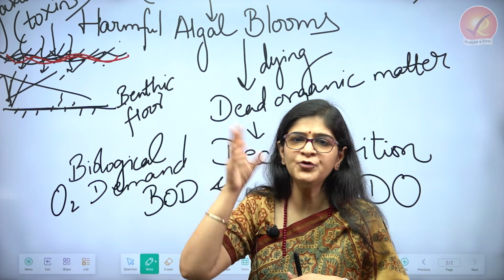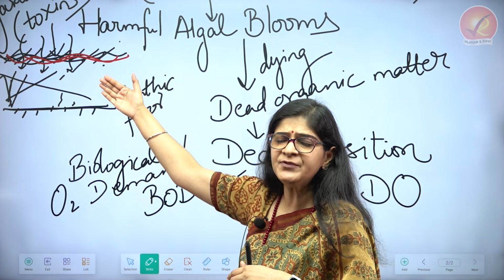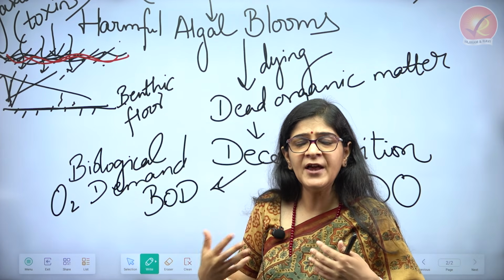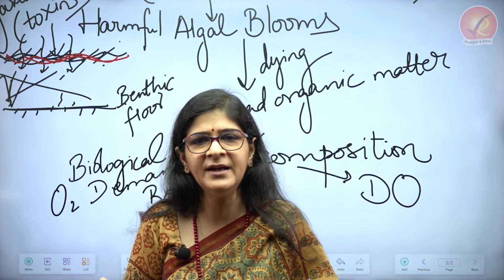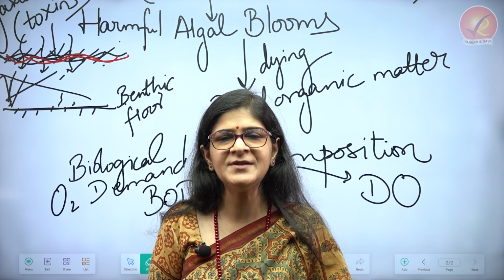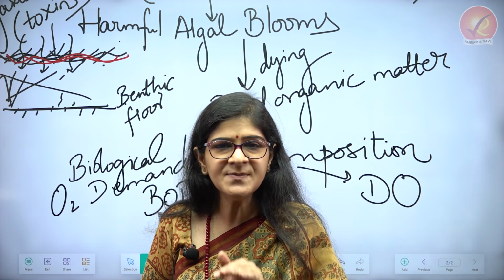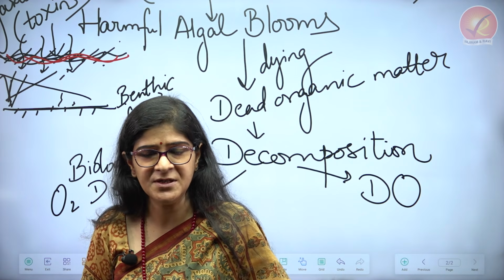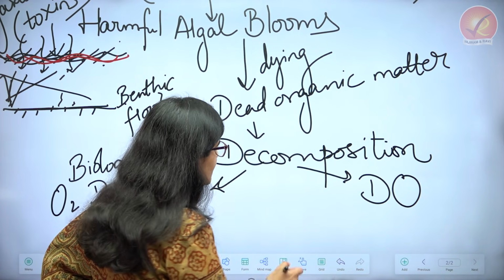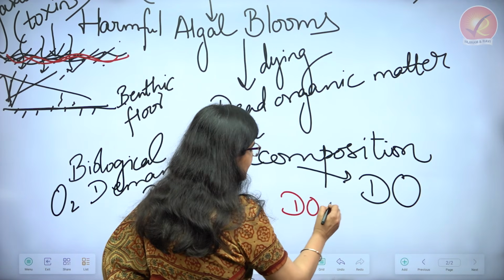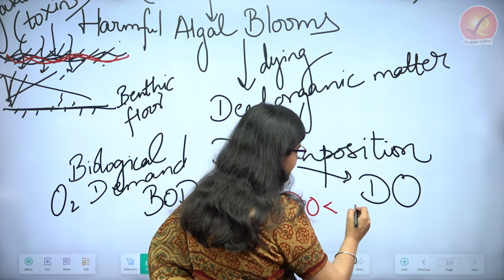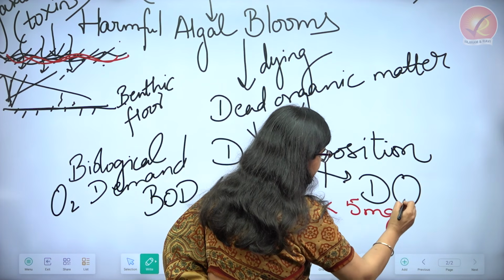So DO was falling down initially as well because of the harmful algal bloom, but now once we have lots and lots of decomposing bacteria, the decomposing bacteria is going to first consume this dissolved oxygen, and then the dissolved oxygen comes down again. Further it comes down. So dissolved oxygen, once it starts to become less than 5 milligram per liter, we can call it a hypoxic water body.